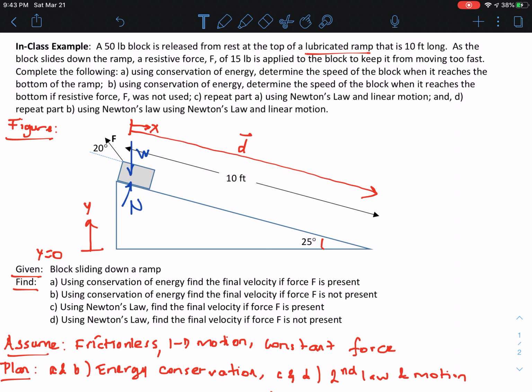So just think about what the forces acting are, and whether they're constant or not. And the motions, I also thought about that. So it's going down the incline along the x direction that I stated here.